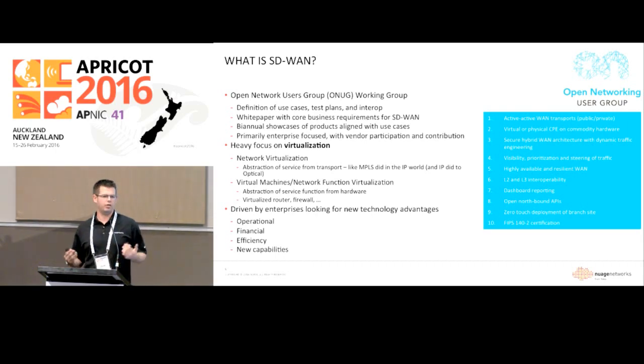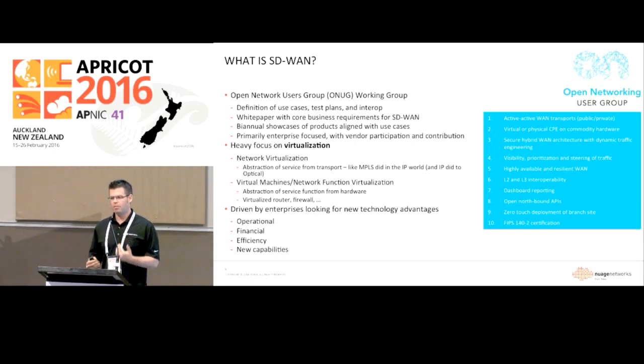If I push out a new application, and if you're in the enterprise space, maybe Microsoft Lync or Skype for Business is something that you're deploying, I might have to change rules in my network to allow that application to work. Well, traditionally, I have to go and touch these huge ACLs on every part of my network and modify them.